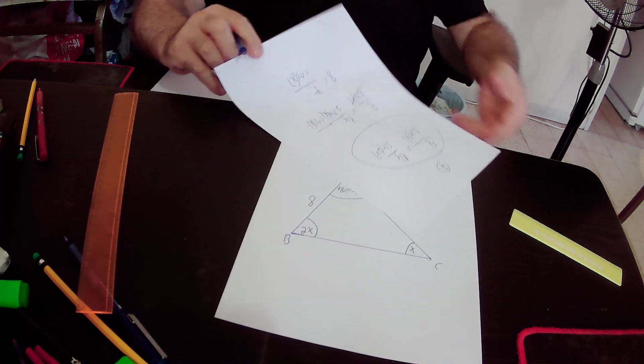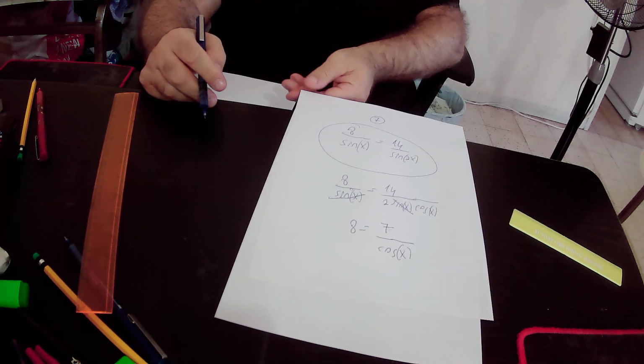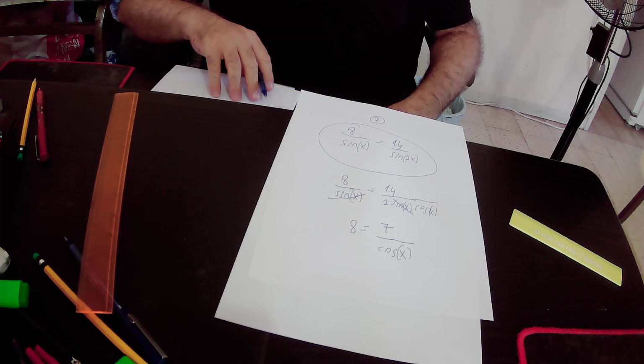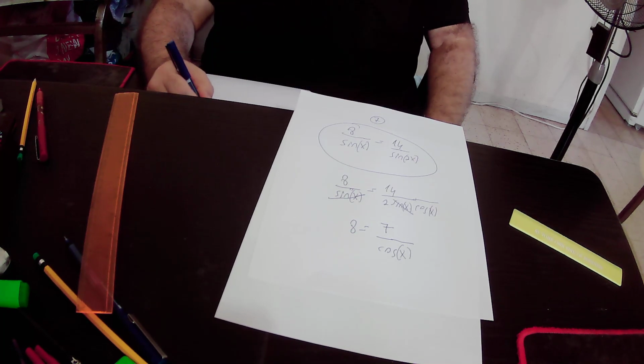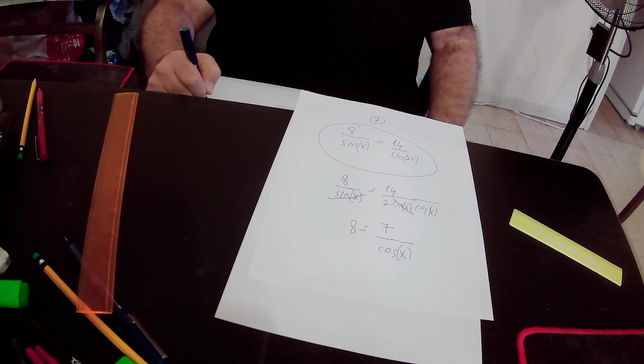So here we will get that cosine x equals 7 over 8.